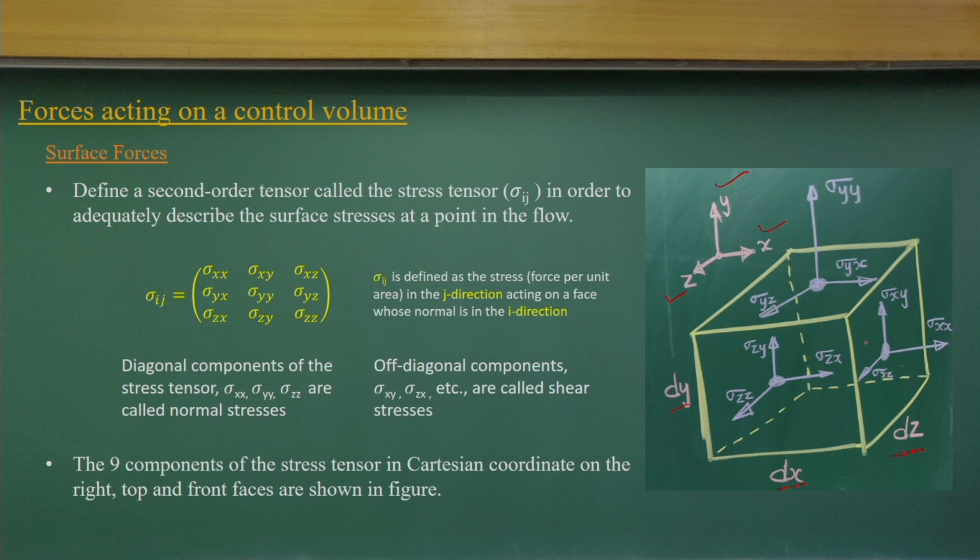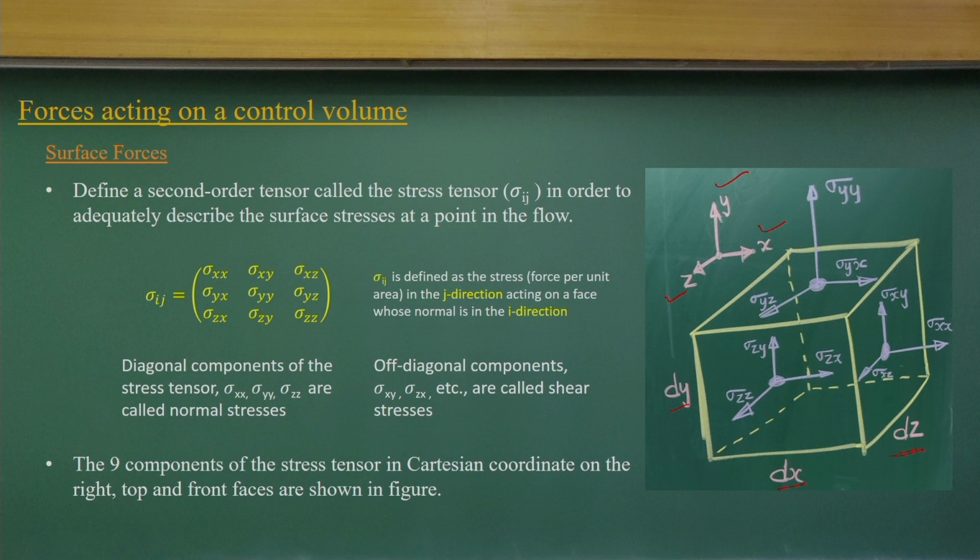This stress tensor will have 9 components. You may have this knowledge from solid mechanics, and I am just repeating it. There is not much difference between solid mechanics and fluid mechanics at the stress level. So we have a stress tensor to describe all the surface force components.